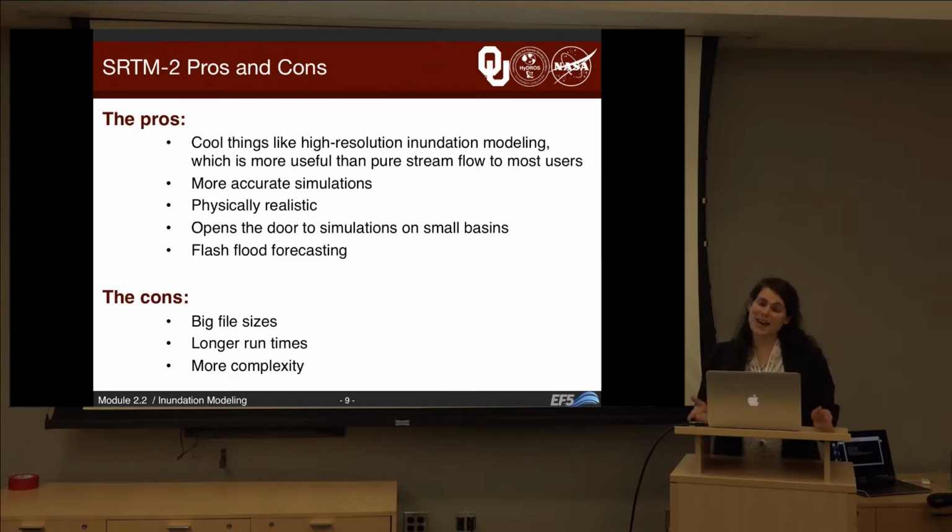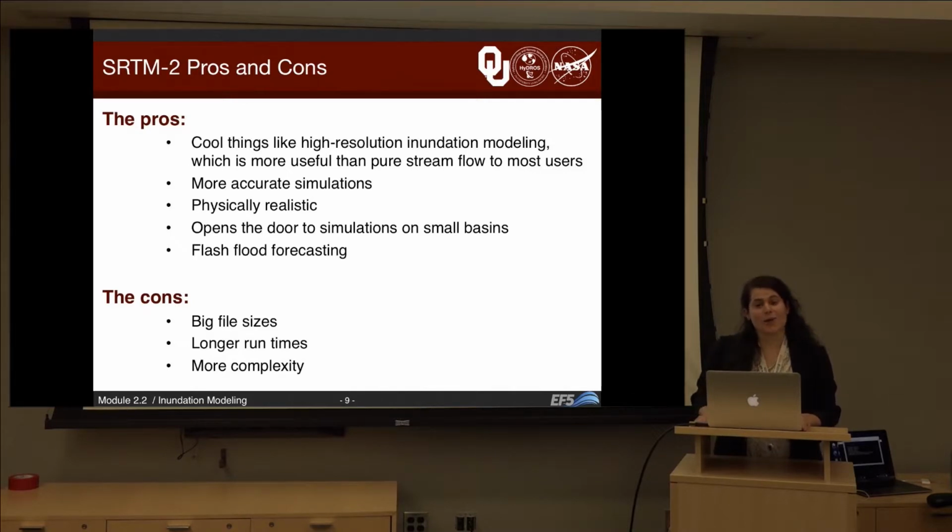So using this high-resolution data has pros and cons. The advantage is that we can use high-resolution inundation modeling, and that is a little bit more useful than using just pure stream flow for most users. We want to know where the flooding is going to go, and sometimes stream flow doesn't really give us that kind of information.